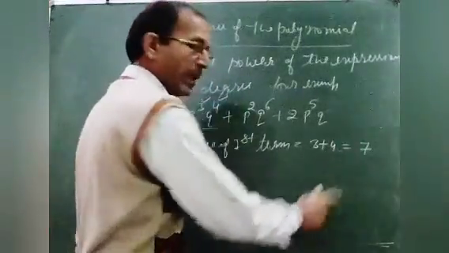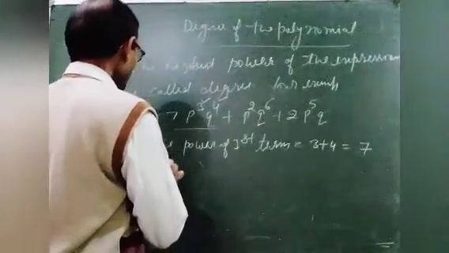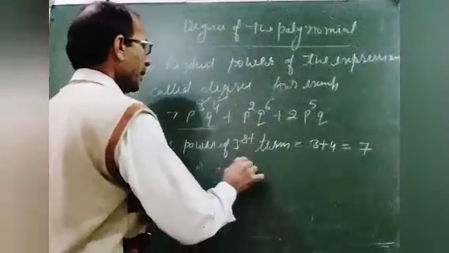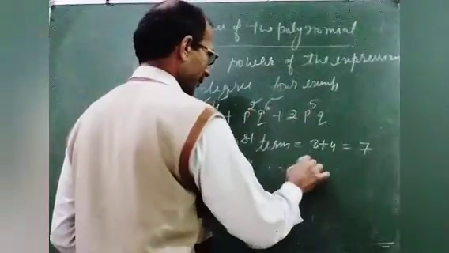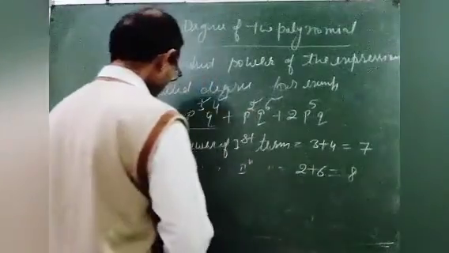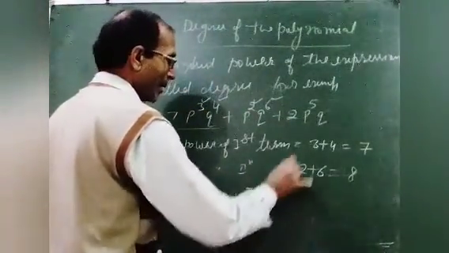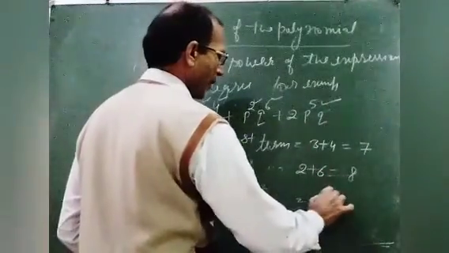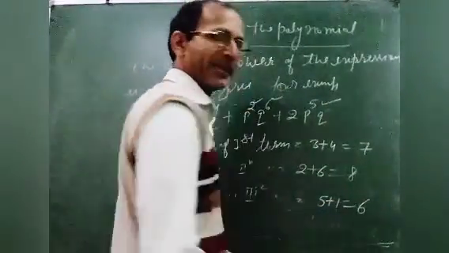In the second term, the power is 2 plus 6, so it will be 8. Now the power of the third term is 5 plus 1, it means 6.